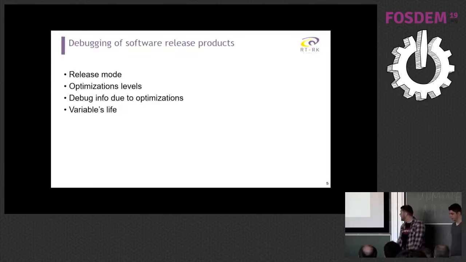Let's start. Software release products are compiled with some kind of optimization. For compilers like GCC and LLVM Clang, it is usually the O2 or O3 level. Such a product might produce a core dump file on an embedded system, and it could be the starting point of our analysis of the problem. The first thing we usually do after loading a core file into the debugger on our local machines is analyze the call trace from the crash.